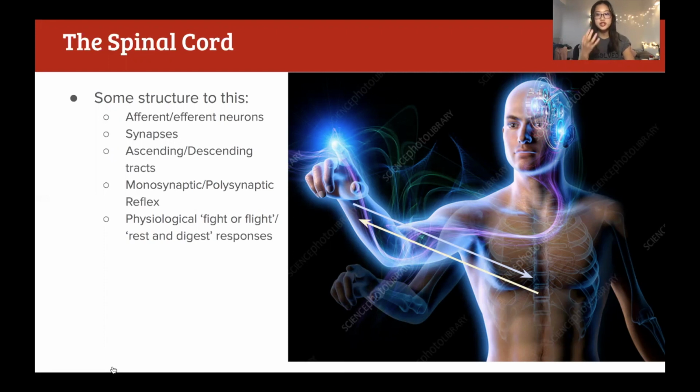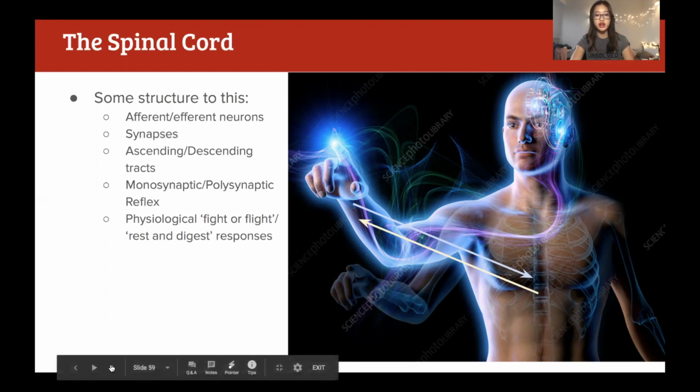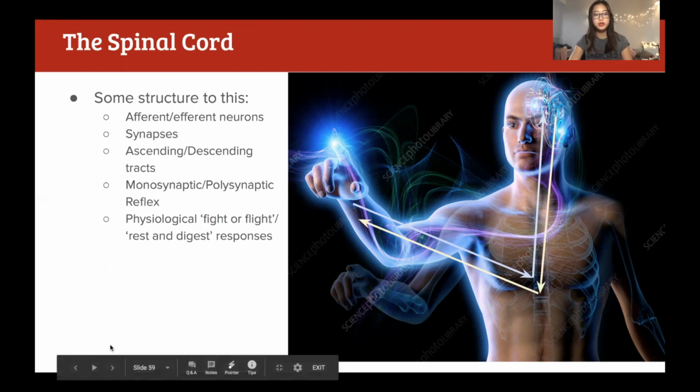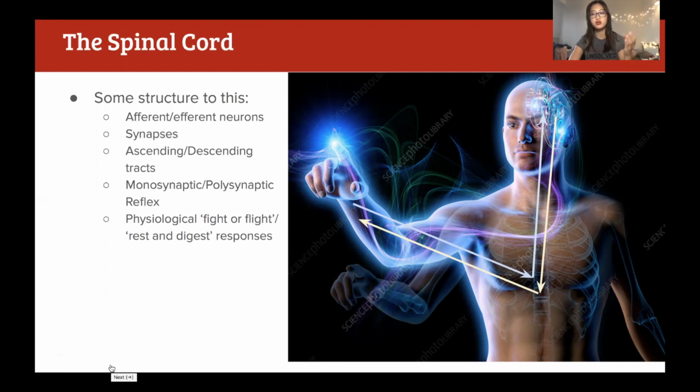Synapses will join these neurons into ascending and descending tracks. So we have here again our ascending and descending tracks. And then we have monosynaptic and polysynaptic reflexes. This happens if you want your reaction to be a bit faster than having to go from your sensory receptor to your spinal cord, to your brain, to your spinal cord, and then back out to your muscle.